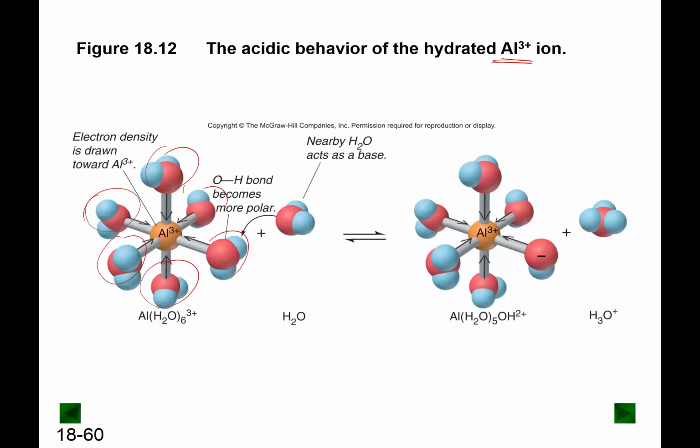This then pulls the electrons away from these oxygens that are interacting with the central aluminum, and that makes the OH bond more susceptible to loss of a proton. A nearby water molecule can come in and pull off one of these protons here. And so what we wind up with is a hydroxide and our hydronium ion here.